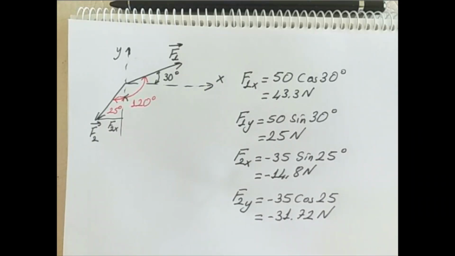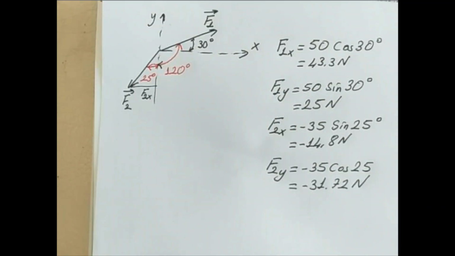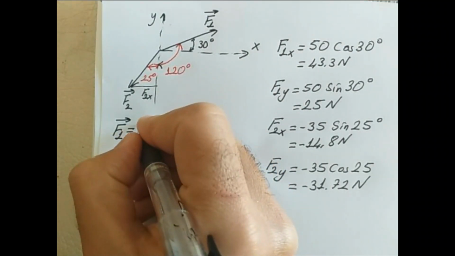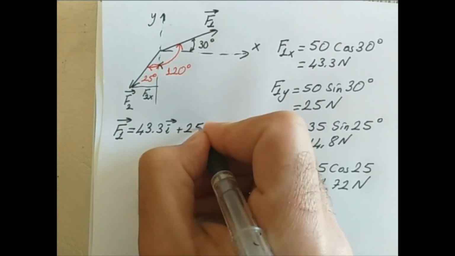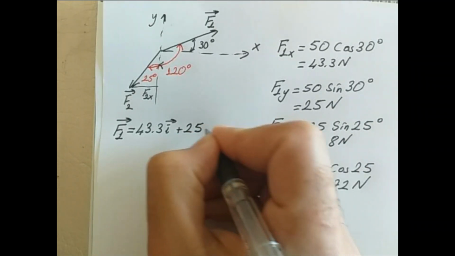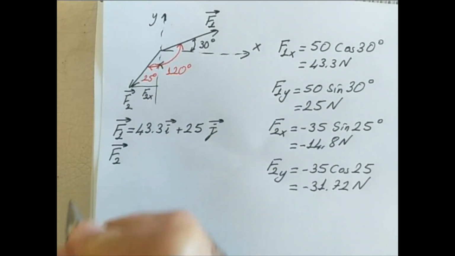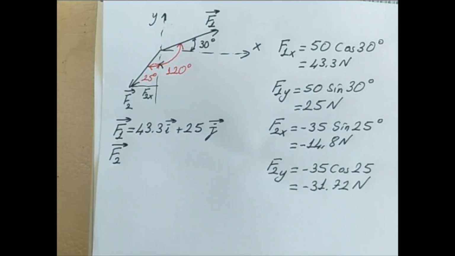So F1 is equal to, by means of its components in x and y direction, 43.3 i vector plus 25 j vector, and F2 is equal to, sorry, let me write it again.